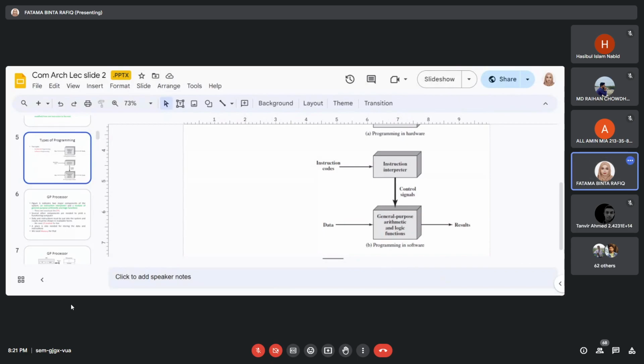But for software programming language, you have to write down the whole code. After that, you have to debug the code. That's why when we write any program in a compiler, we have to run the code first. After that, it will generate the result. So this process is actually called interpretation.